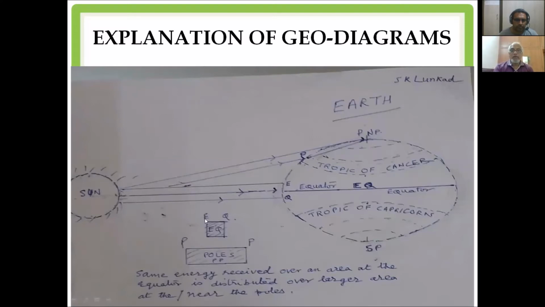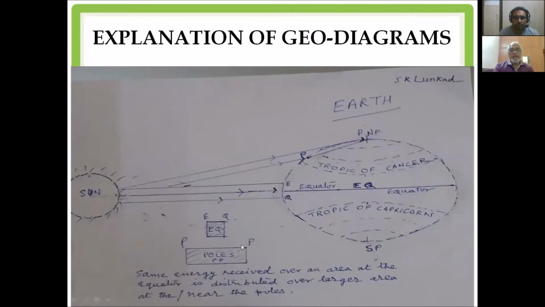See these points I have made here, equatorial, and this is polar. This is a beam of light traveling and falling on the earth. Here I have marked sort of the same area. So the energy which was being received by a smaller area, that means the insolation was much more at the equator, is distributed over a larger area.